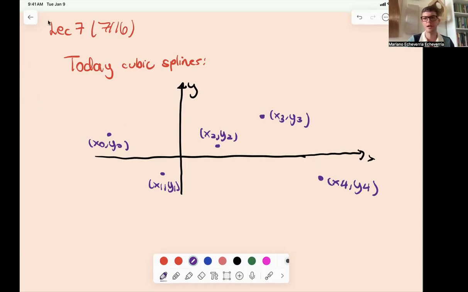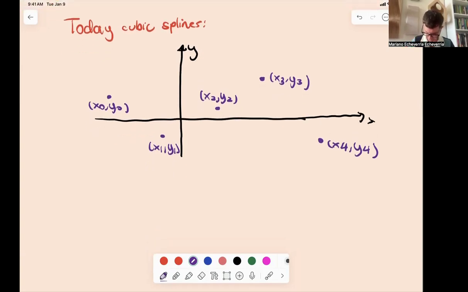So the idea of the cubic splines is that if you look at the x values, there are basically four intervals in this. Yes, that's correct. There are four intervals here.